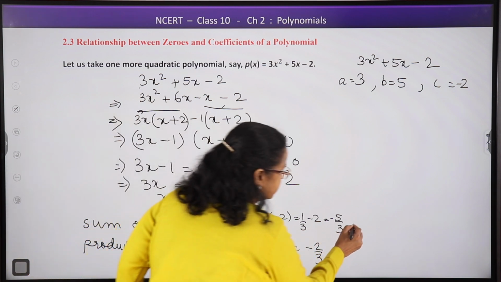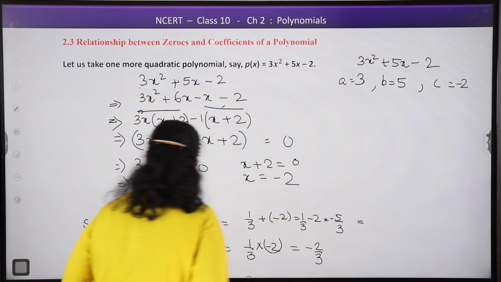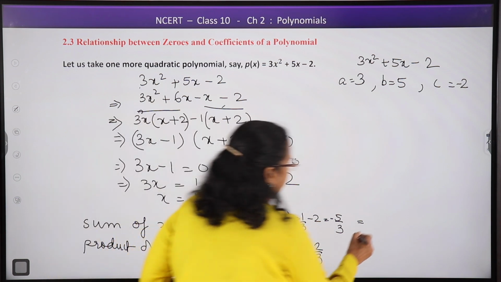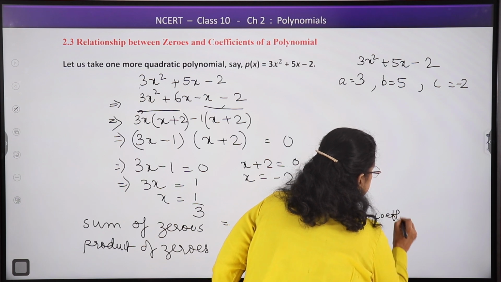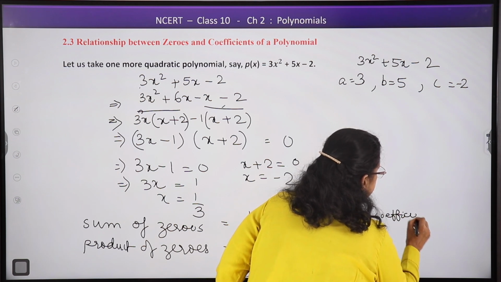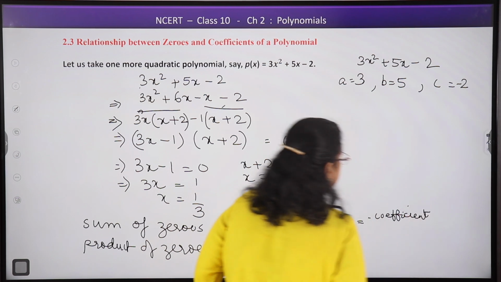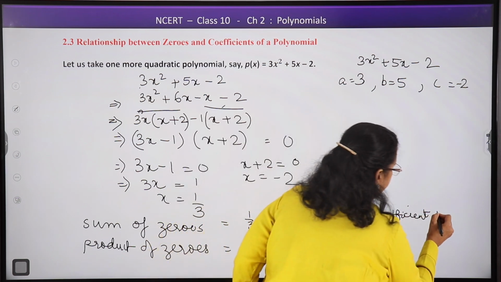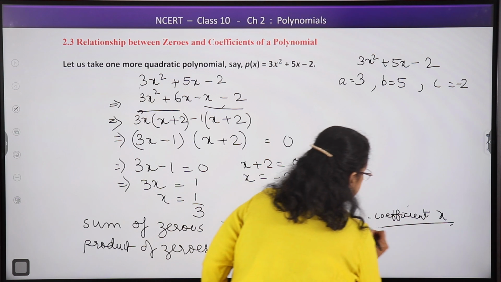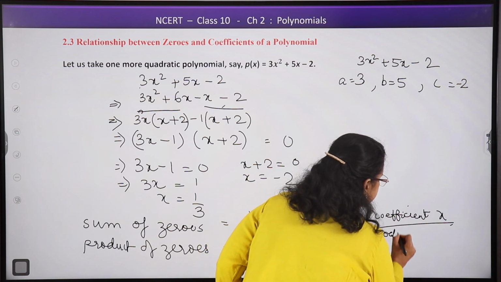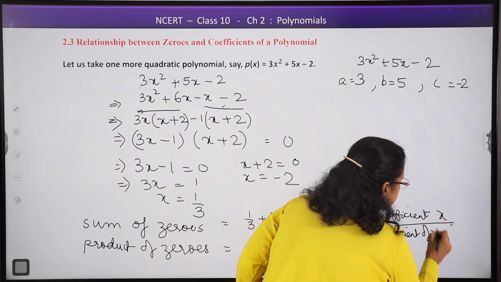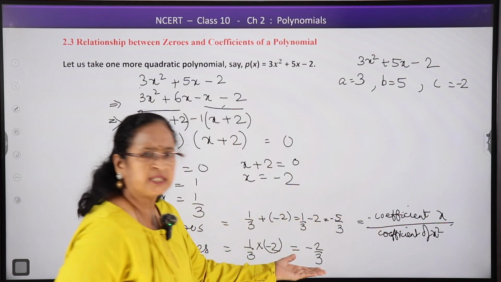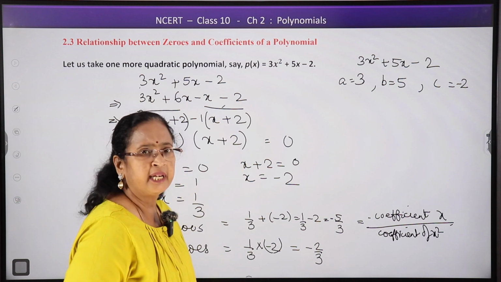Now, in the last problem, we had seen what the sum of zeros is: minus coefficient of x by coefficient of x square. We did this in the last quadratic equation.